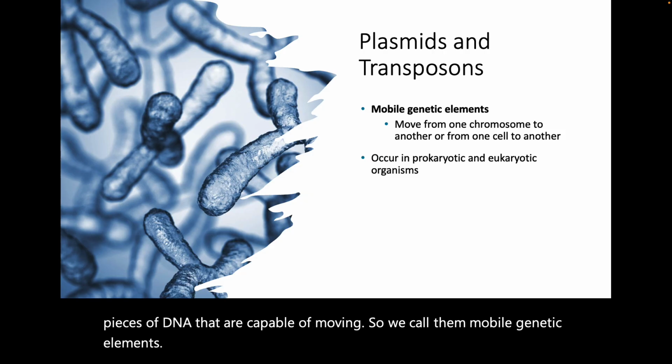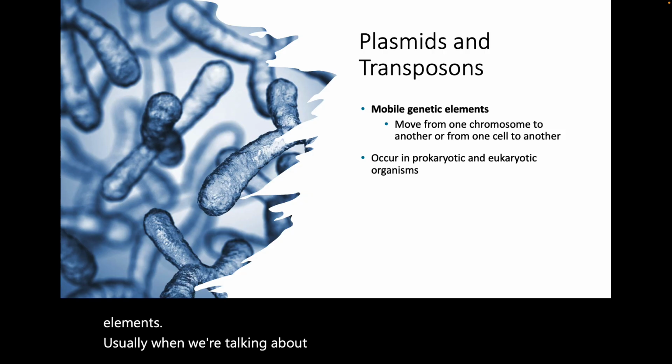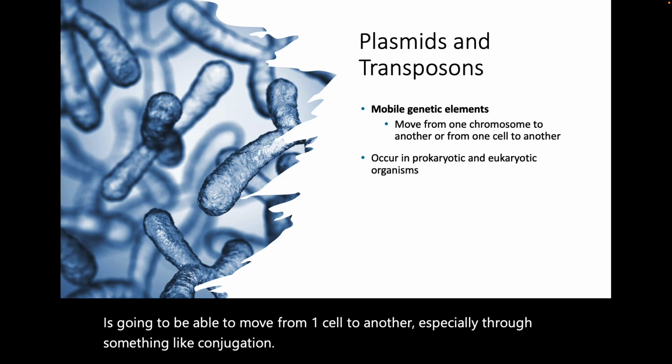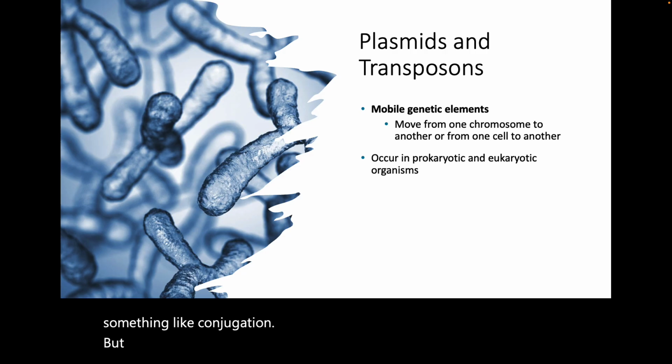Usually a plasmid is going to be able to move from one cell to another, especially through something like conjugation. But even through transformation, they could pick up a plasmid that way. Transposons are usually elements that are in the chromosome.